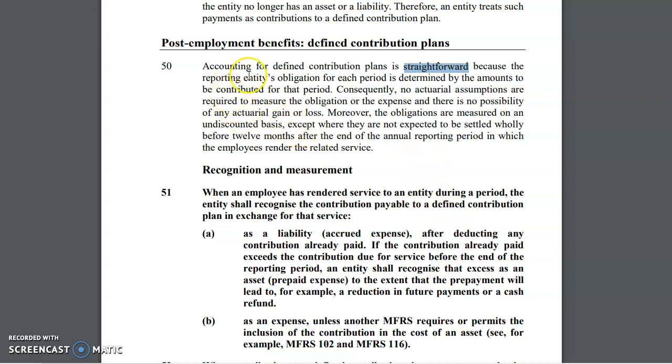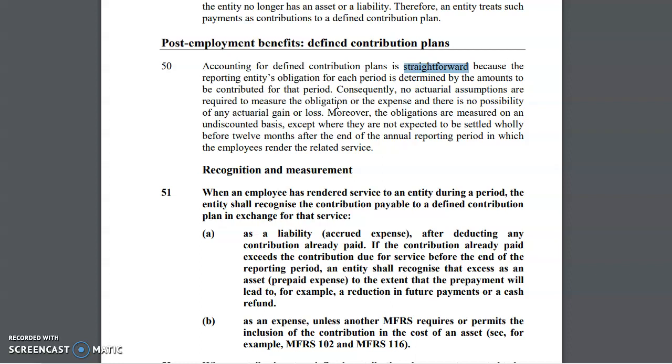because the reporting entity's obligation for each period is determined by the amounts to be contributed for that period. As I mentioned, an example of DCP in Malaysia is contribution to EPF, Employee Provident Fund, or KWSP.